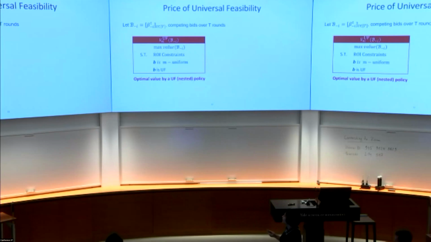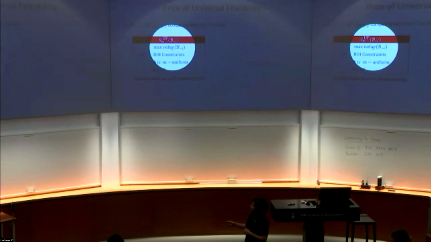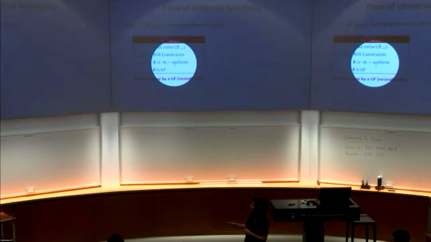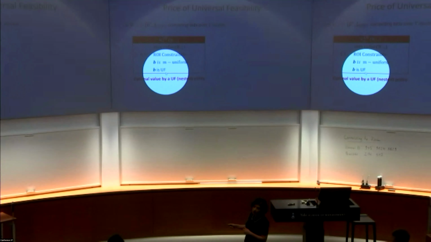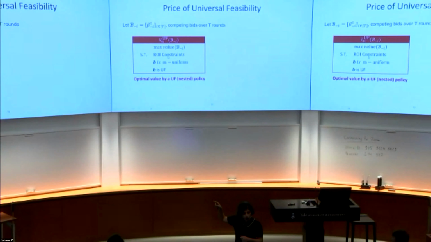The way it works is that we first look at what we are solving from the bidder's perspective. So far, we wanted to make sure that the bidder maximizes her total value given the competing bids, ROI constraints are satisfied, B is uniform, and B is universal. This is what we've been looking at, and we say that the optimal solution to this problem, which we call BM UF, is one of these nested policies.